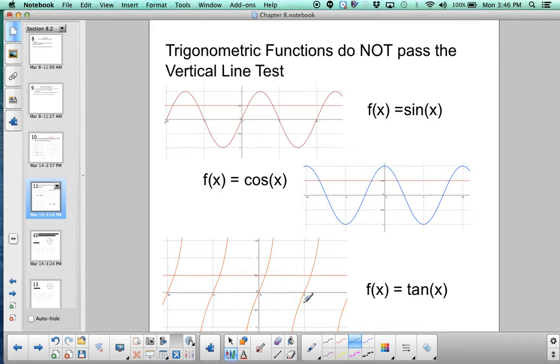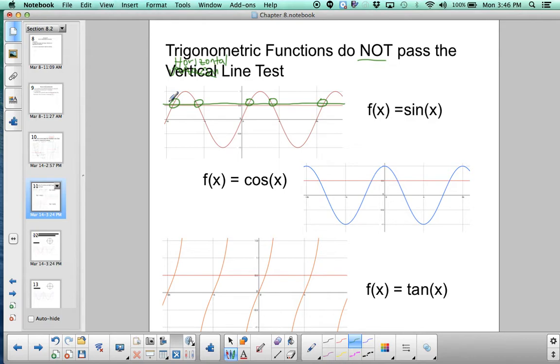which means when we're looking at trigonometric functions, we notice that, of course, they do not pass the horizontal line test. Looking here at f of x equals sine x, a horizontal line through here does not pass because it's going to hit the function in infinitely many spots.